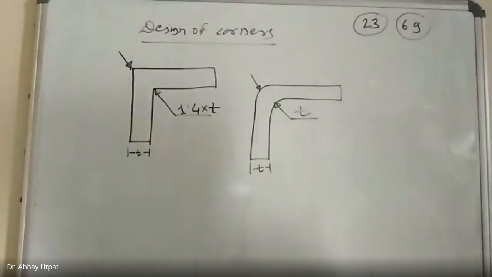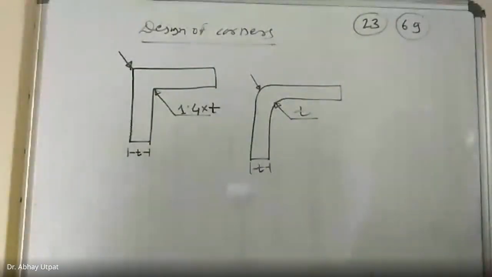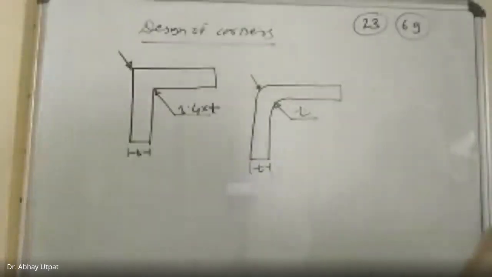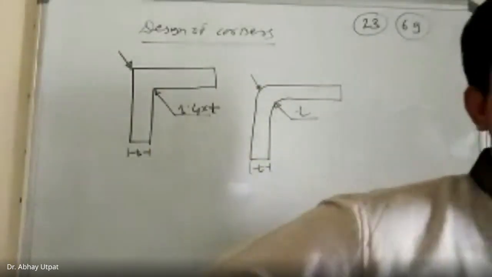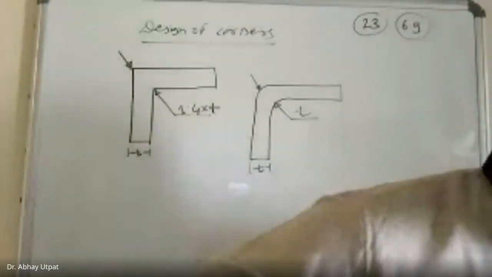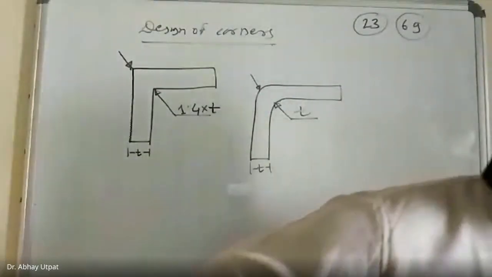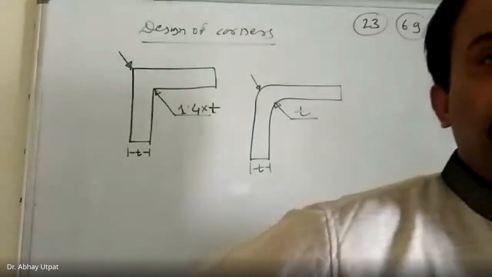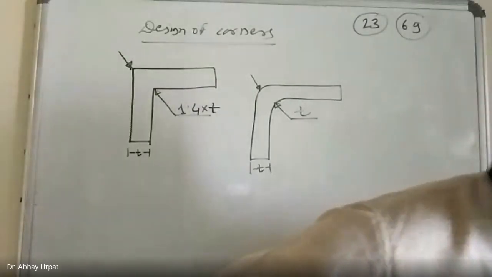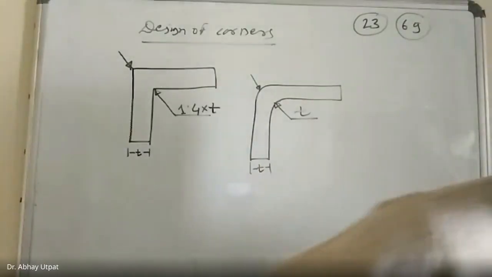You can write this statement. Wall thickness increases 1.4 times more than nominal wall thickness at the corners.